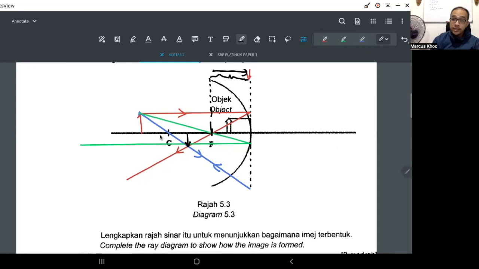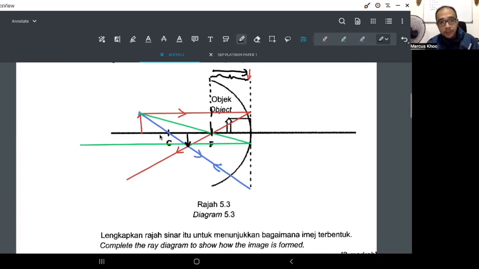These are special cases. Anything beyond F, you can draw at least 2 lines. I would suggest following the one in 5.1, 5.2, which is to draw the red color and the green color. If you can draw the center, the blue color one, then go ahead with it.